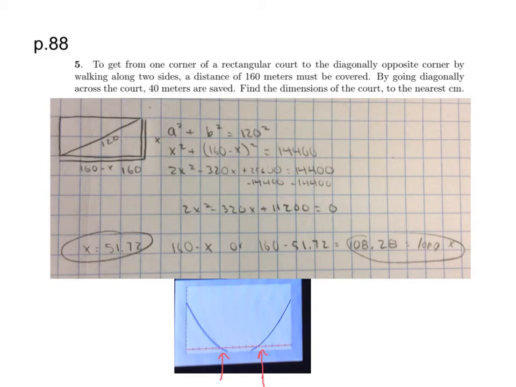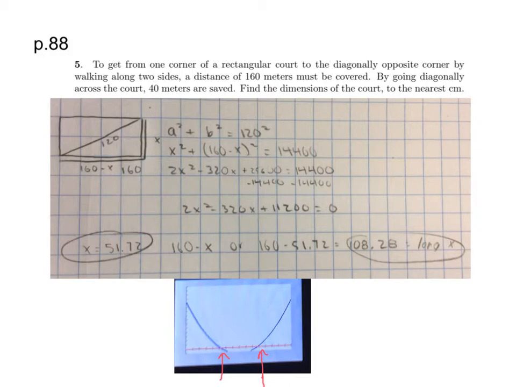To find x, you plug x into this formula right here. So this side is x, and this side is 160 minus x. So you get x squared plus 160 minus x squared, and that's equal to 14,400 because 120 squared is 14,400.